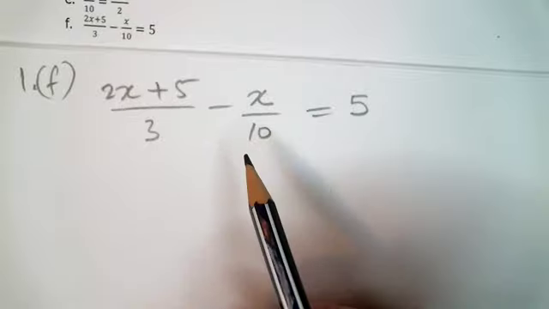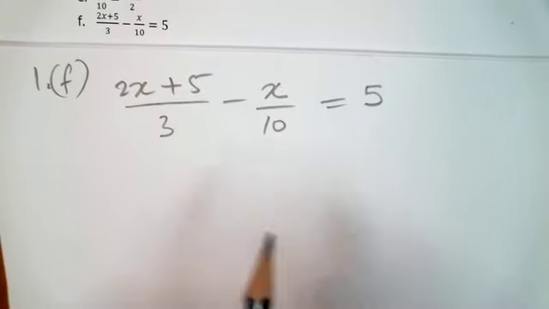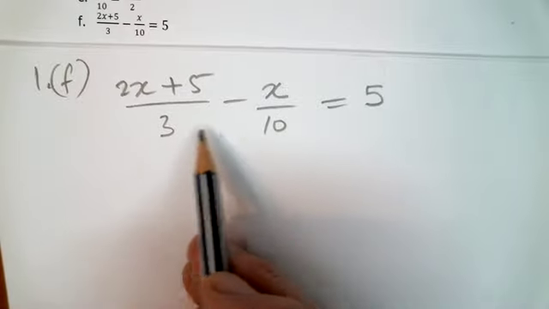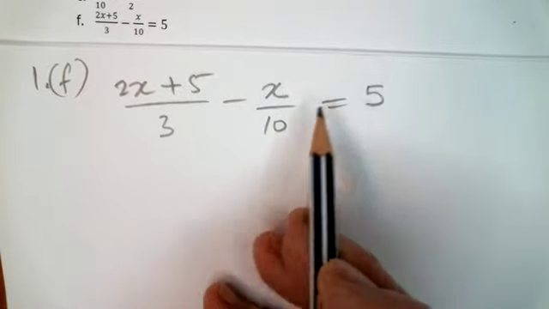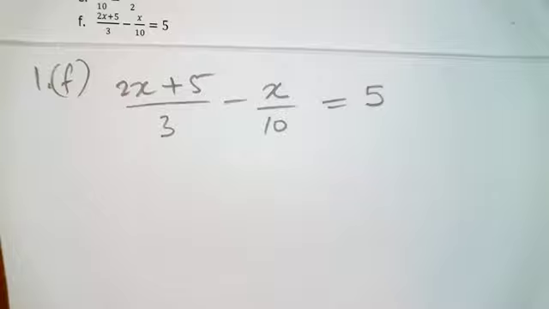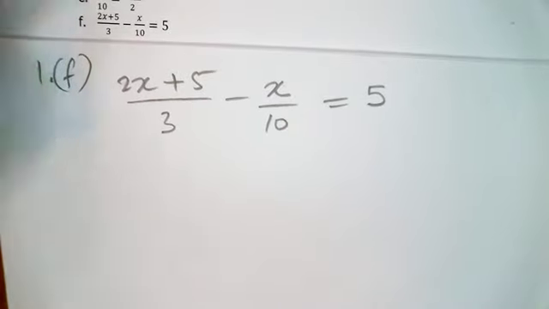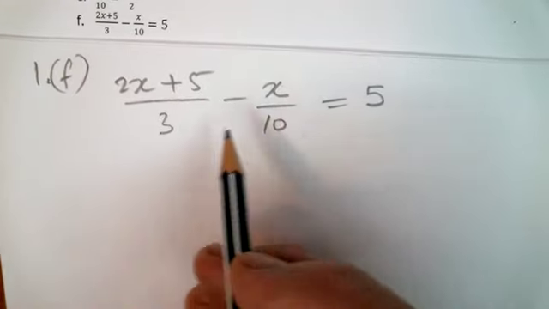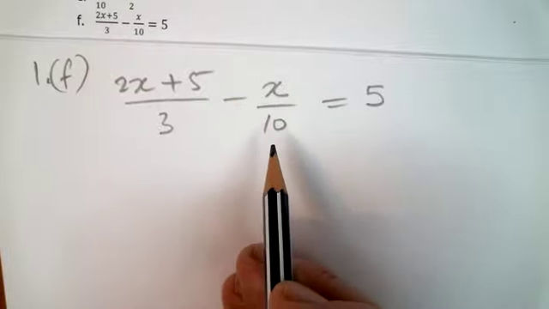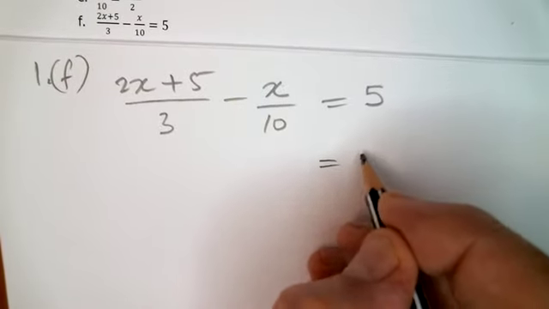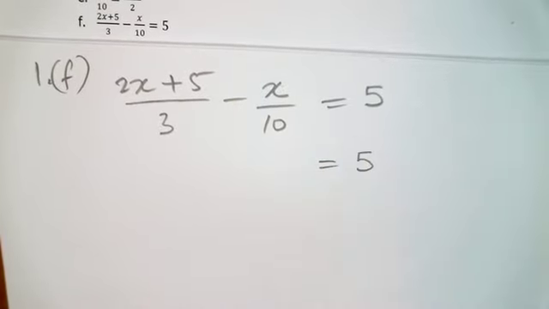I was going to say let's multiply everything by 30. We'll do that later. Let's solve the bit on the left first and make it equal to 5. That's the way I think I'd approach this. So my strategy: solve the stuff on the left, keep it equal to 5, and we're going to move on.